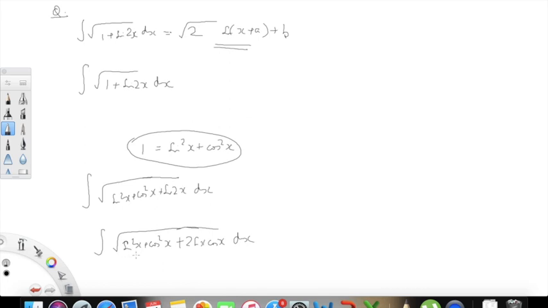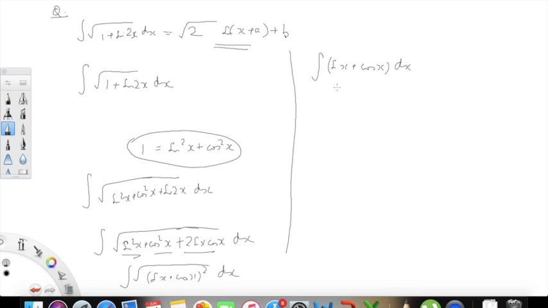Now this again becomes a square plus b square plus 2ab. So this is under root of sine x plus cos x whole square dx, which we can write as the integral of under root of sine x plus cos x whole square dx.